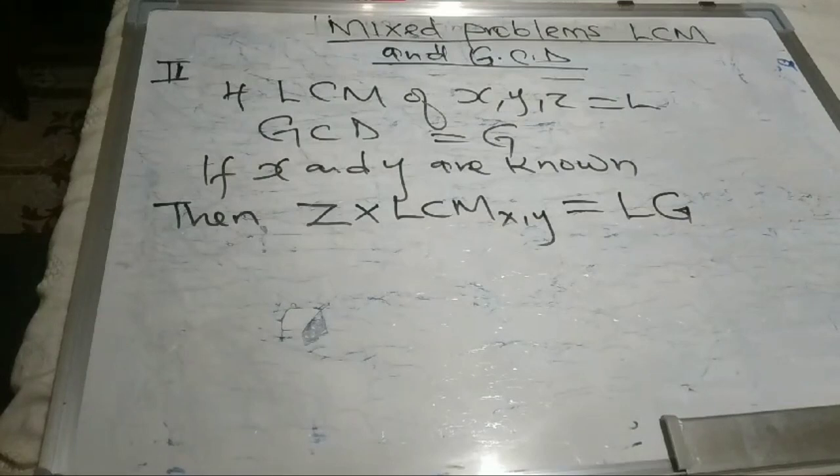So if the numbers we are dealing with are three of them and two of them are known, then the formula will be z times the LCM of the two known numbers should be equal to the LCM times the GCD. Now let's look at an example.